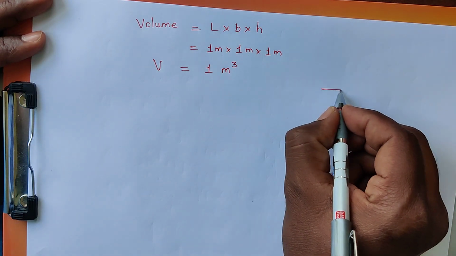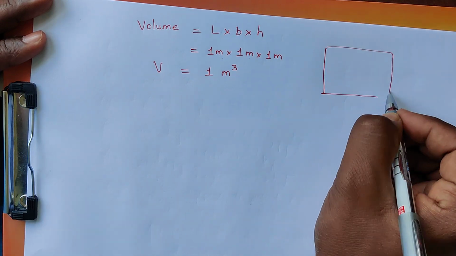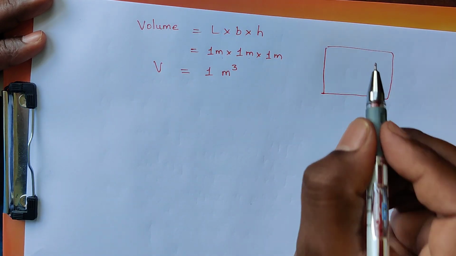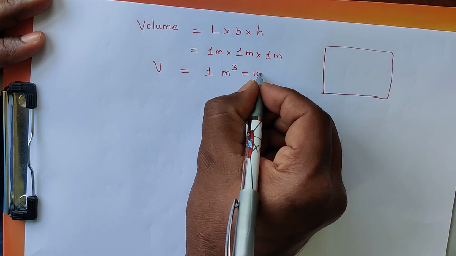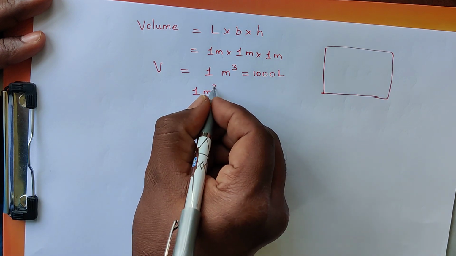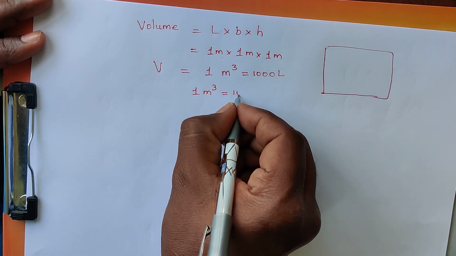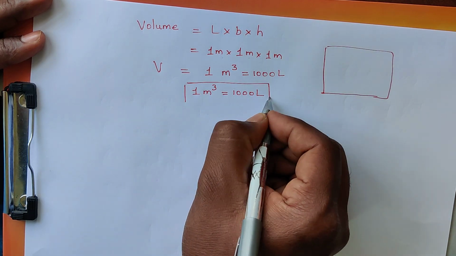Let us take a tank with 1 meter length, 1 meter breadth and 1 meter height. In the tank we can pour up to 1000 liters of water. So 1 meter cube of volume contains 1000 liters of liquid. 1 meter cube is equal to 1000 liters.